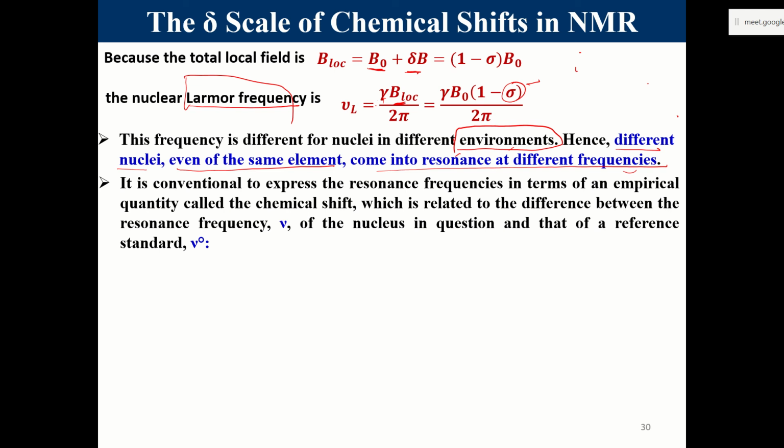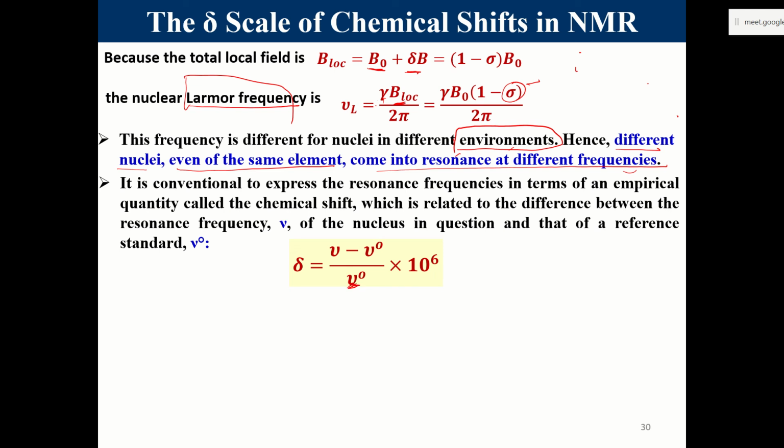So this is the thing, and the way NMR spectra are recorded, a term is defined, that is chemical shift, which is calculated as mu minus mu naught by mu naught. So what is this? It is the shift.